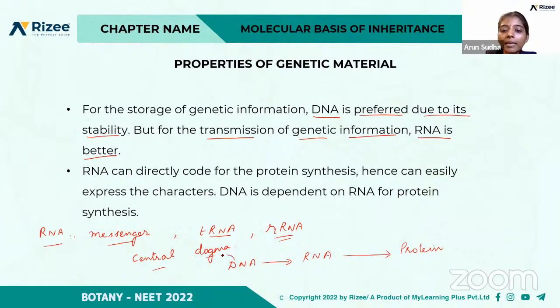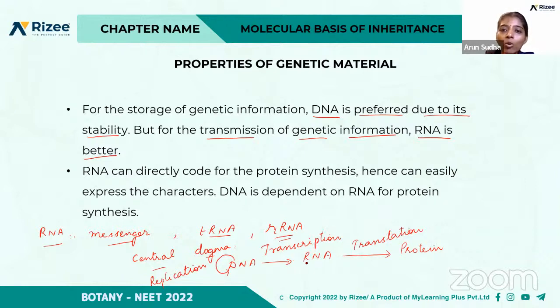So the DNA is replicated, that is DNA to DNA is replication. And DNA to RNA, the process is called transcription. And RNA to protein, the process is called translation.